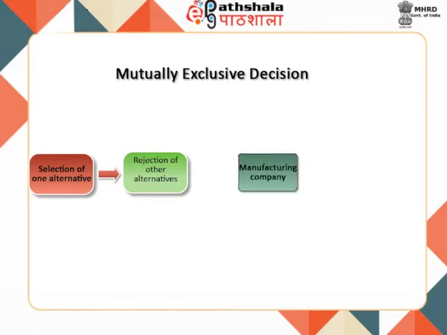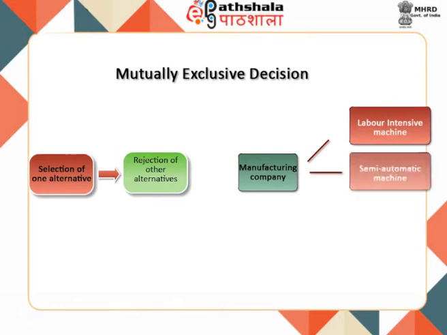Similarly, a company may either use a more labor intensive semi automatic machine or employ a more capital intensive highly automatic machine for production. Choosing the semi automatic machine precludes the acceptance of the highly automatic machine.